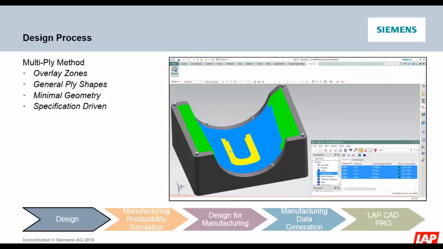The first step in the process is to achieve an actual composite design. As I said before, there are industry-specific methods tied to approaches, for example, large panels for the aerospace industry or smaller parts for substructure.